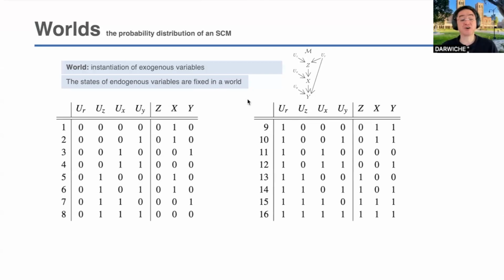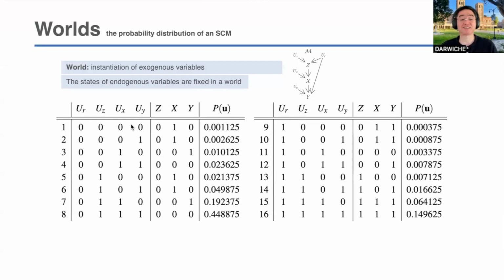Why? Because the probability of a world is just the probability of this particular instantiation. And since these are all roots, the probability of this is simply a product of the probabilities of the individual variables. So computing the probabilities of each one of these is relatively easy.